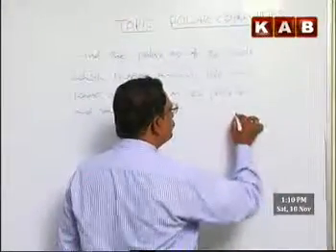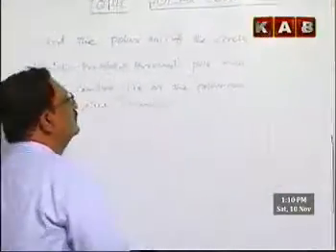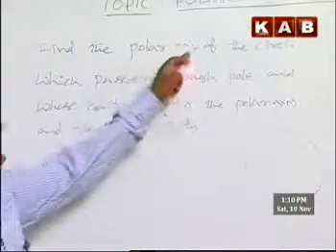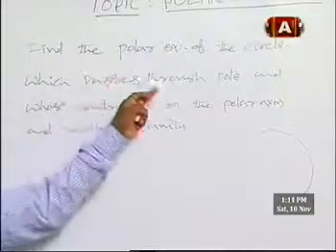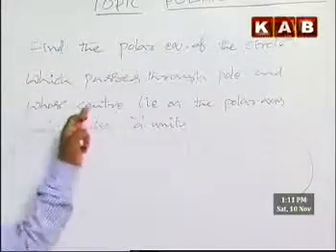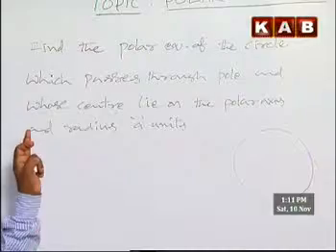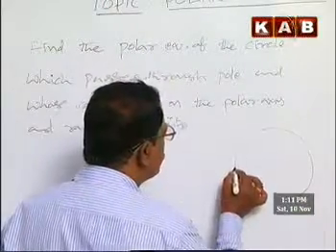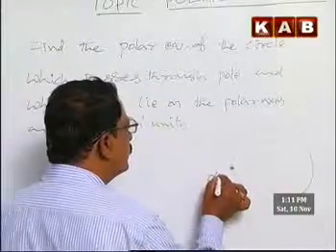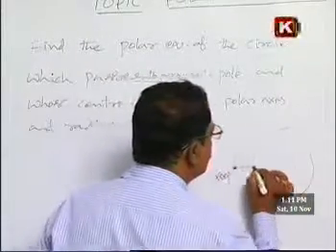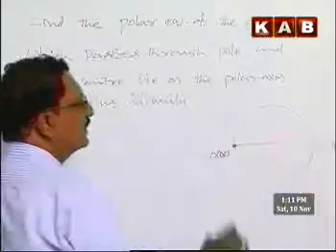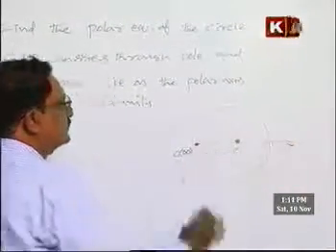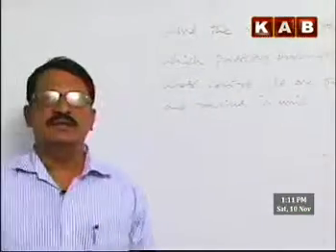First, find the polar equation of the circle which passes through pole, nothing but the origin, and whose center lies on the polar axis. Required equation of the circle.